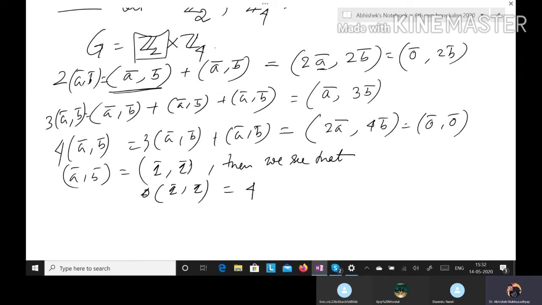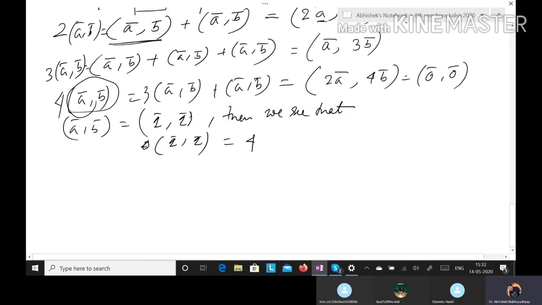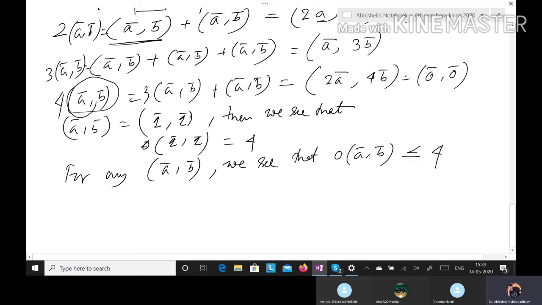Just for example. And for any arbitrary element, we see that the order of ([a], [b]) must be less than or equal to 4, because 4([a], [b]) is ([0], [0]).